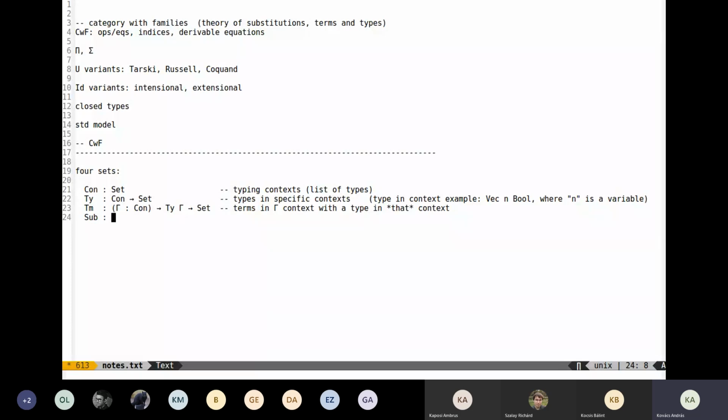And we also have substitutions, which is Con to Con to Set. And this is a parallel substitution. One way of thinking about the parallel substitution is that whenever we have a sub from gamma to delta, then this basically assigns a term in gamma to each variable from delta.